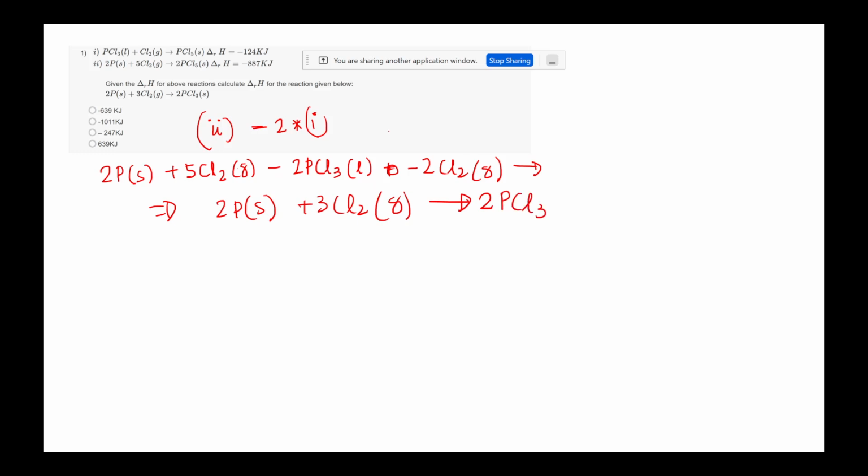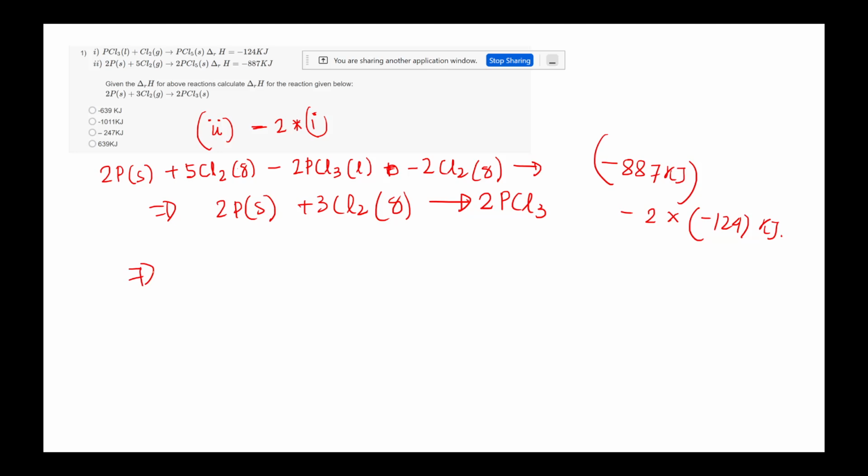Now in this time, what will be the del R H? Because this will be simply the same thing, so minus 887 kJ for equation 1, times minus 2, into this is minus 124 kJ, because this is simply equation 2 minus 2 times equation 1, so their del R H will also be proportional.